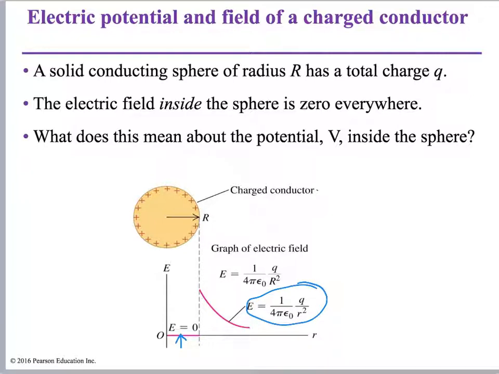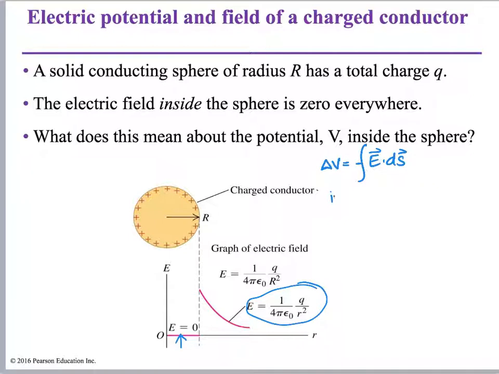So what can we figure out about the potential inside of the sphere? Well, we know delta V is minus the integral of E dot ds.